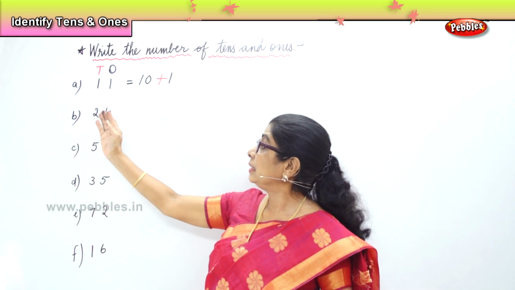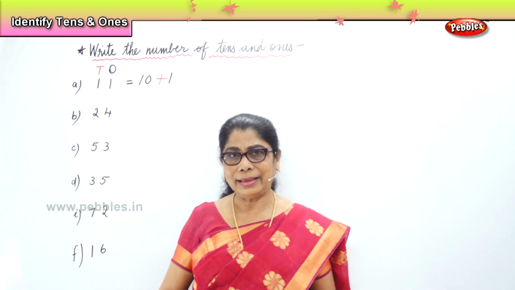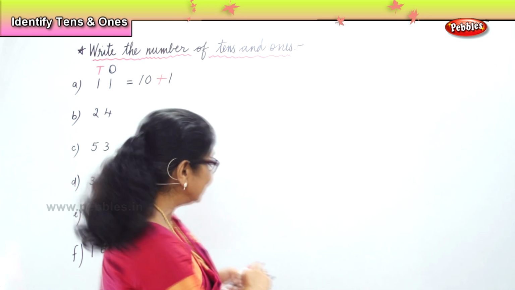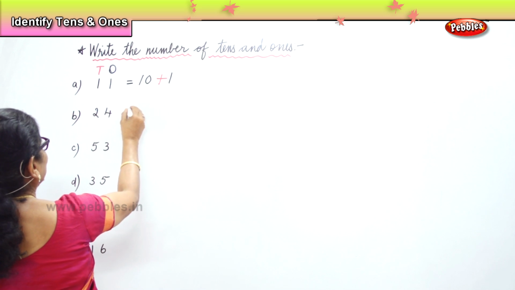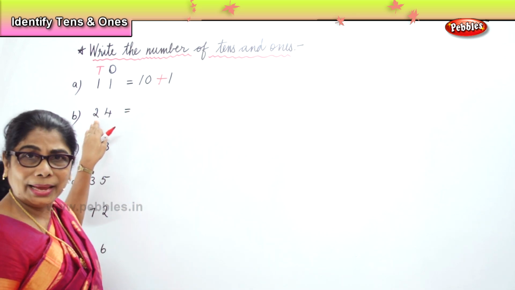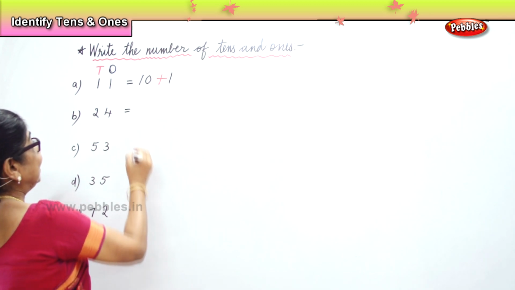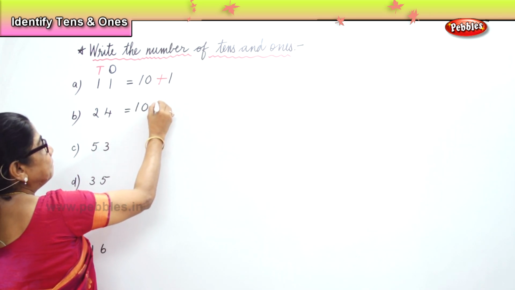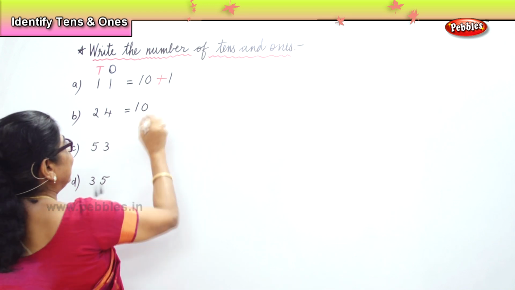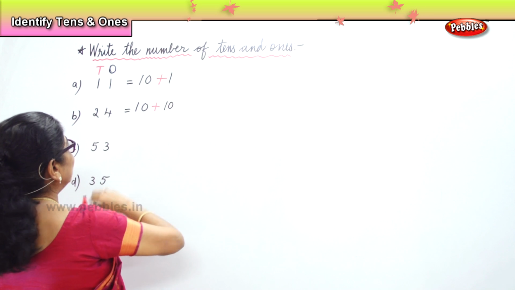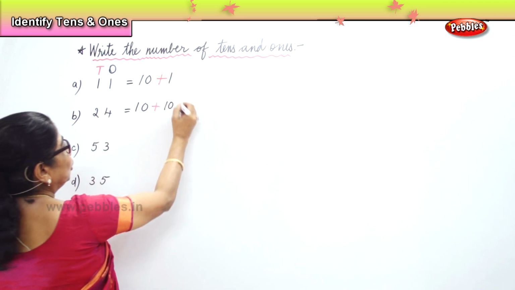Now tell me the next one. How many tens are there in 24? 2 tens. 10 plus 10. Excellent. So that's what we are doing now. Let's look at the 2 in the tens place. How many tens in 2? 2 tens. That is 10 plus 10, 20.